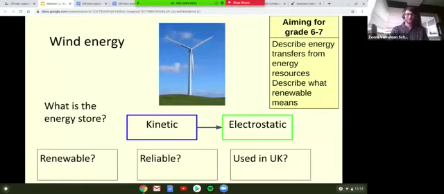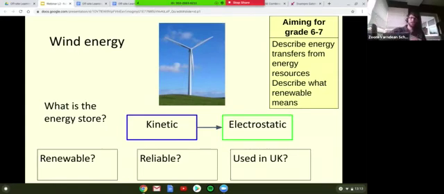So we've got our wind energy here. Here's one of our energy resources. We have the energy store on the left, and then we're showing what it's being transferred into on the right. So we start off with wind particles, and we know that wind blows against us. That's moving energy, so we've got a store of kinetic energy in the wind.